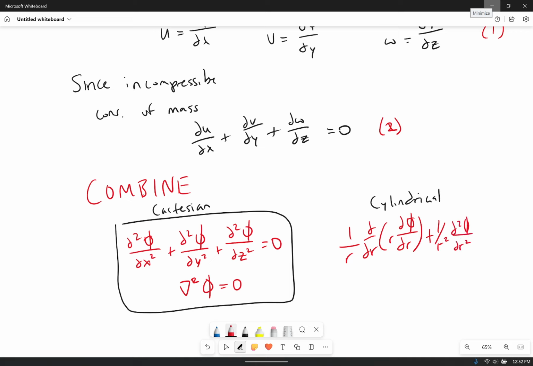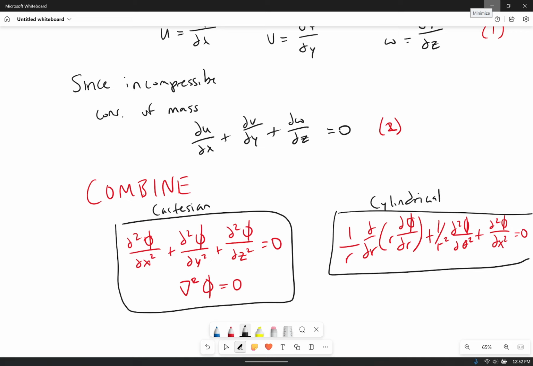If you think I'm biased against cylindrical coordinates, you're right. I hated them as a student. I still don't like them now. There are times where it makes things way easier. I do get that, but it's just not fun. Not fun to write. Okay, so we have our Cartesian, we have our cylindrical coordinates here.